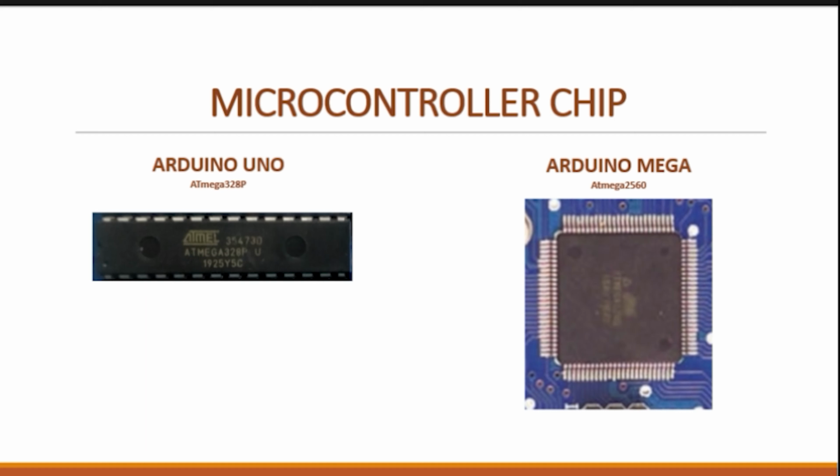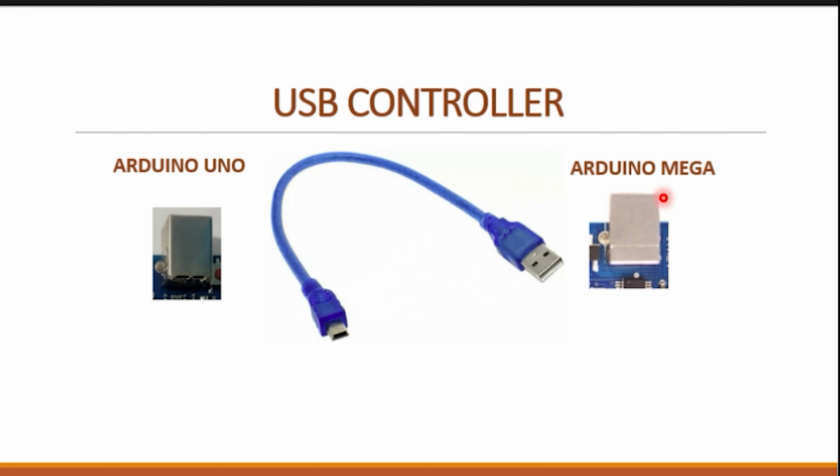First is its microcontroller chip. The Arduino Uno has a microcontroller chip at Mega 328P, while the Arduino Mega has a microcontroller chip at Mega 2560. While in its USB controller, it has the same specifications.